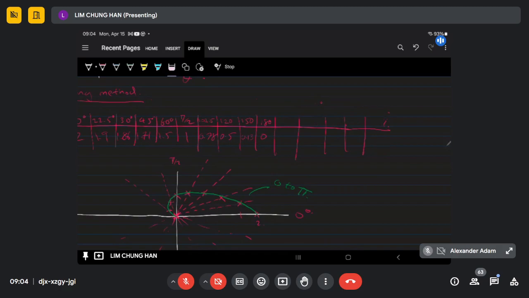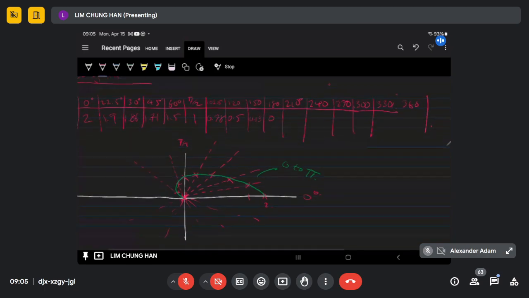Maybe you can try after 180, what should be next? Plus 30. 180 plus 30 is 210, right? Yeah, 210. And then plus 30 is 240. Plus 30 is 270. Plus 30 is 300. 330, 360. So try all these points and then plot the rest.